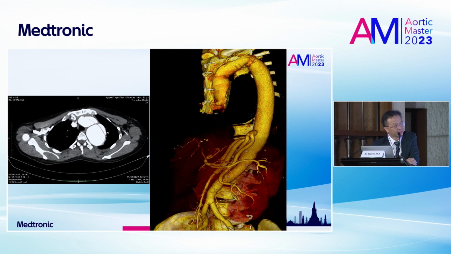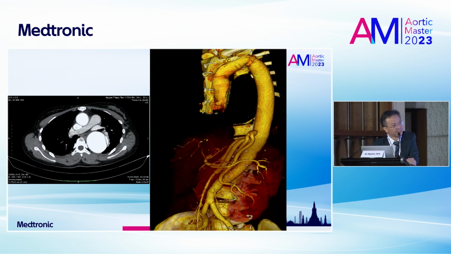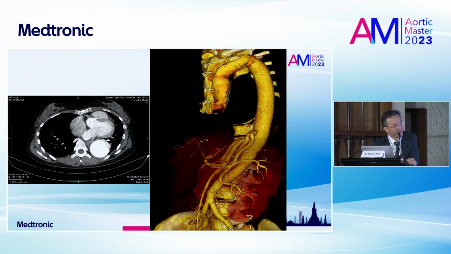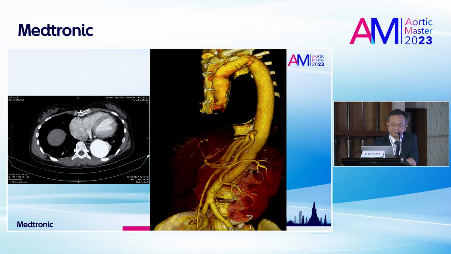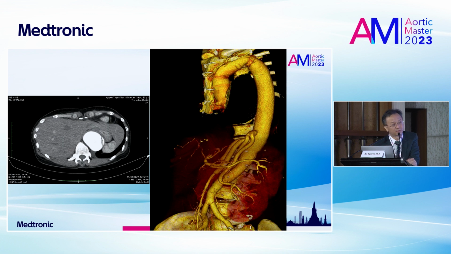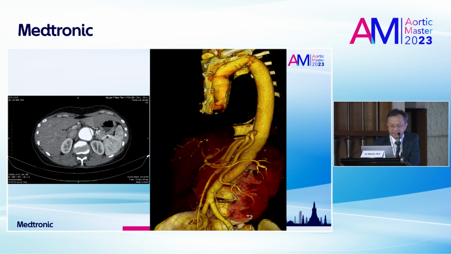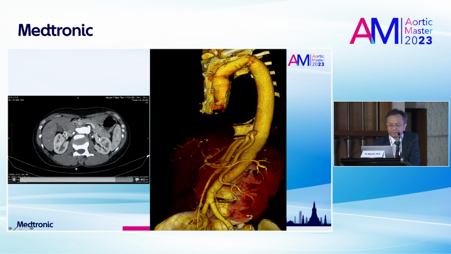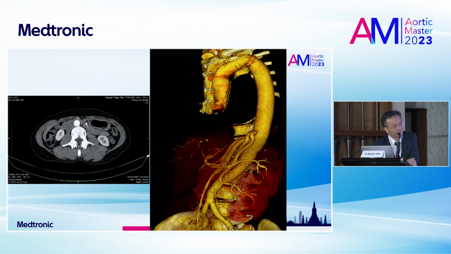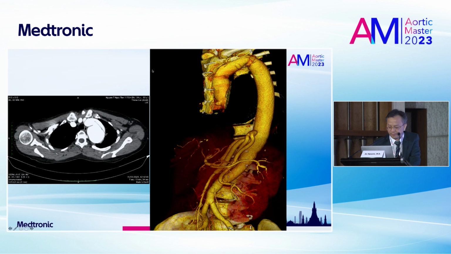The arch is still dissected, but the diameter is not too big. So we decided to replace the thoracic and abdominal aorta from the subclavian artery down to the infrarenal aorta, because we were lucky that the dissection stopped at the infrarenal part. In this case, this is a picture post-op. We use a prosthesis and make the anastomosis.